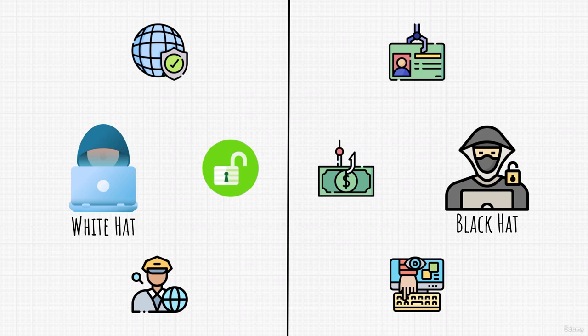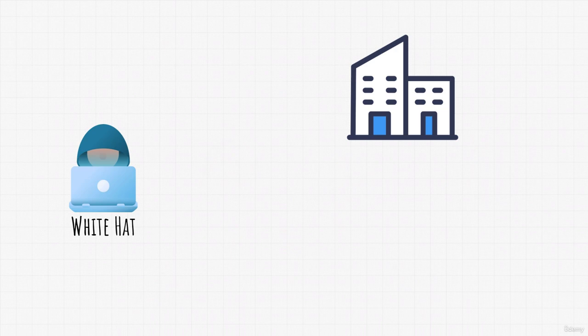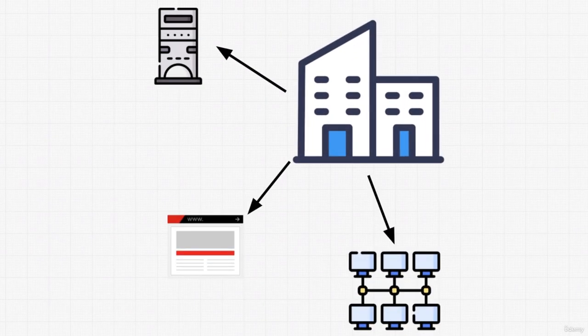The difference is that we as white hat hackers must make sure that we have permission to target a certain system. An example would go like this. We get hired by a certain company. That company could have a website, different networks with computers inside the building where, for example, employees work.